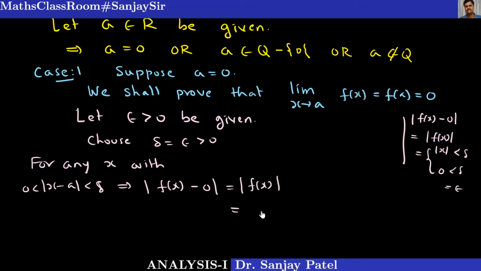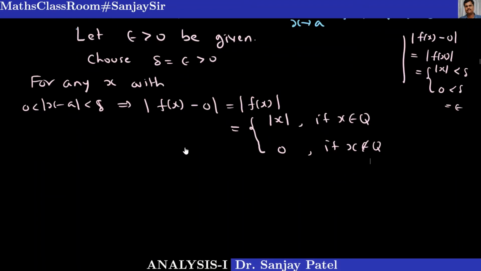And this is equal to |x| if x is a rational number, and equal to |0|, that is 0, if x is not a rational number. I am writing this from the definition of the function f. But whatever the value of |f(x) minus 0| is, it is always going to be less than delta.